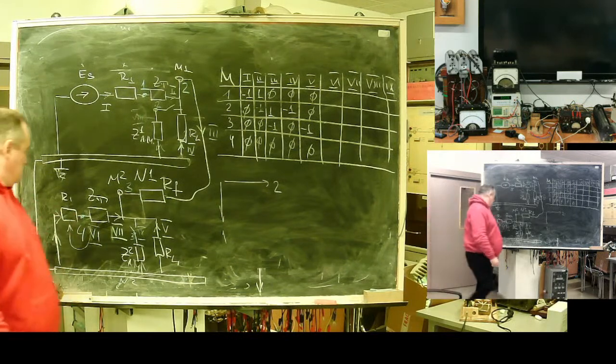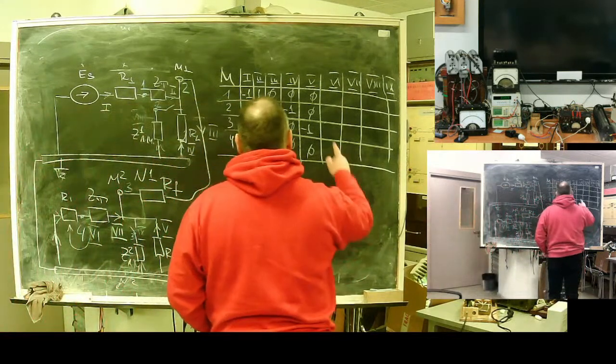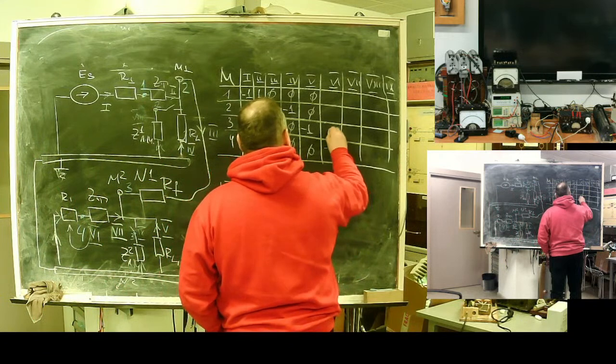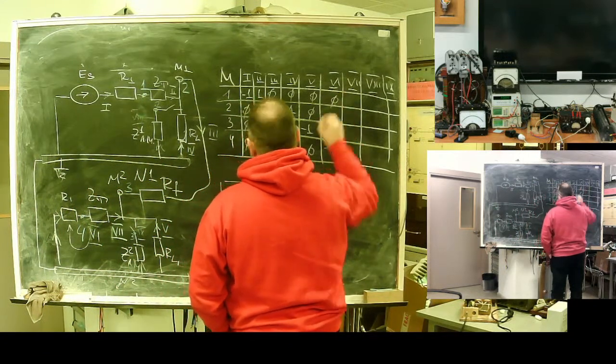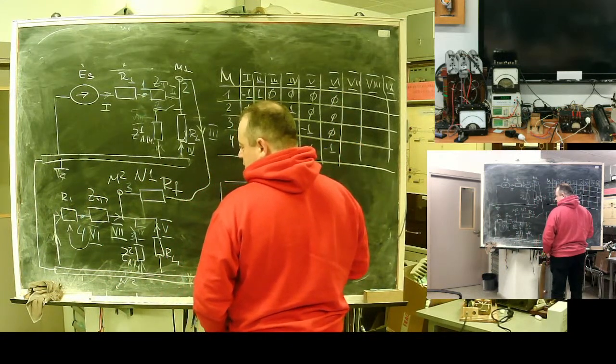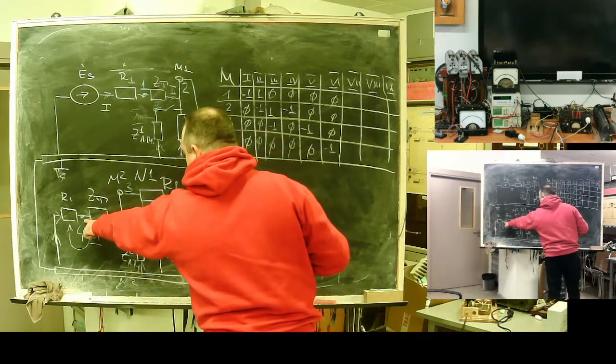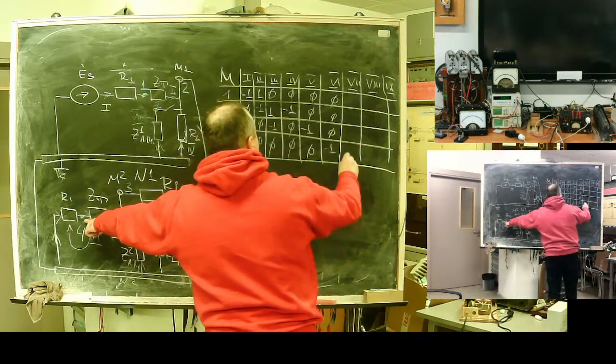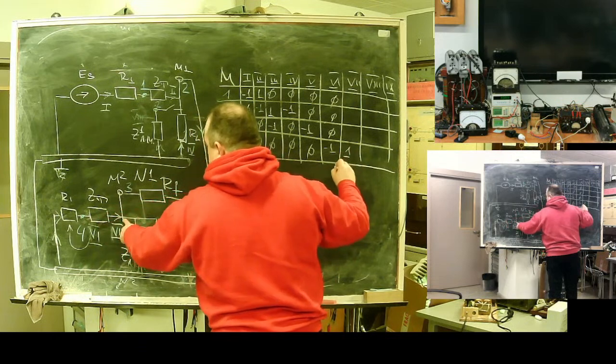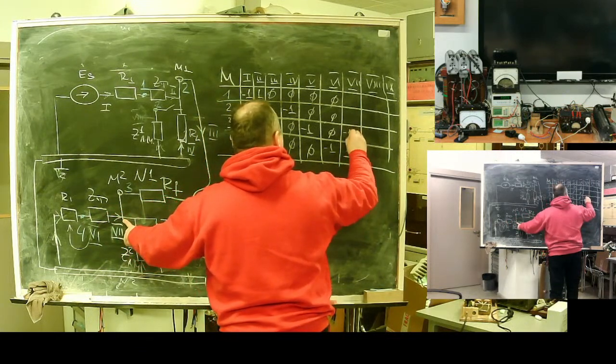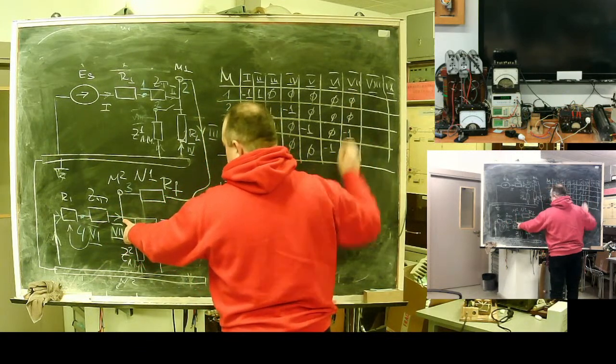Flows into number 4. Number 7, from 4 flows into node 3.